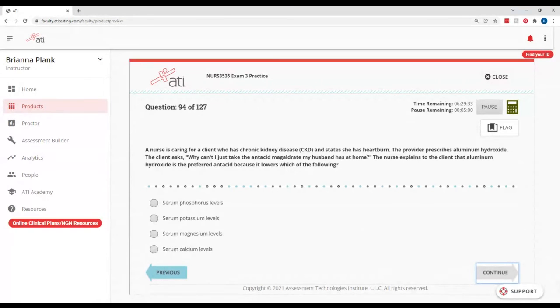Chronic kidney disease. Why can't I just take the antacid Magaldrate? My husband has it at home. Aluminum hydroxide lowers which of the following?